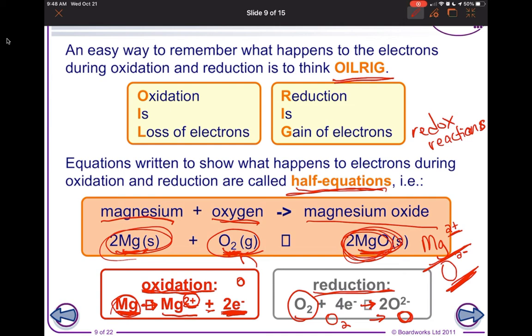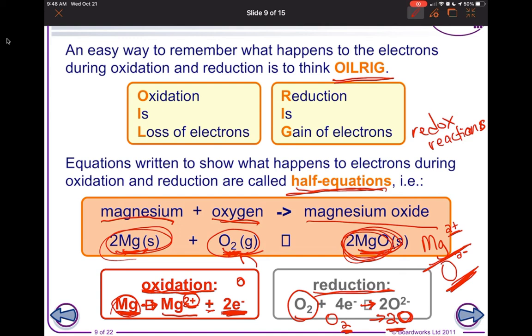But in order for this equation to work, you have to balance it. When we're balancing equations, you have to have the same number of atoms on each side of that reaction. So in order for me to make this work, you have to put a 2 out front there, because I have 2 oxygens over here. I have to have 2 on this side.